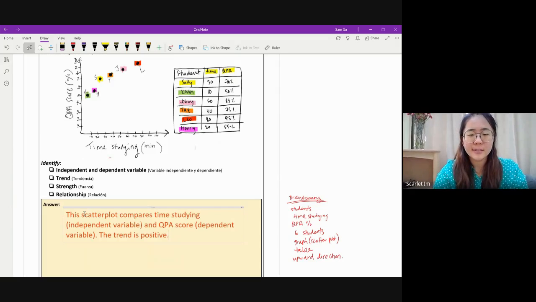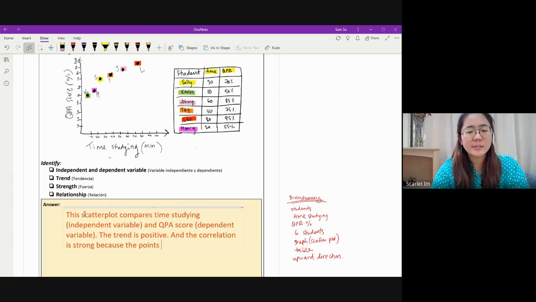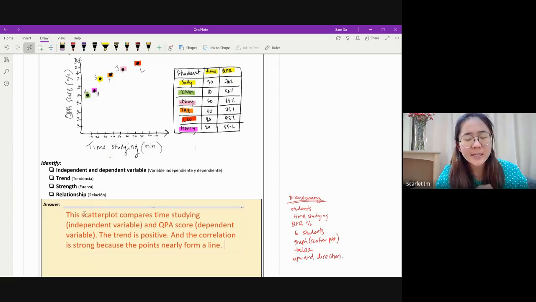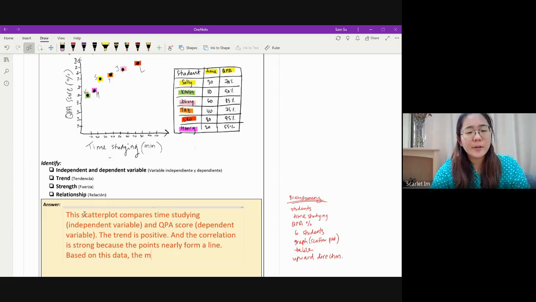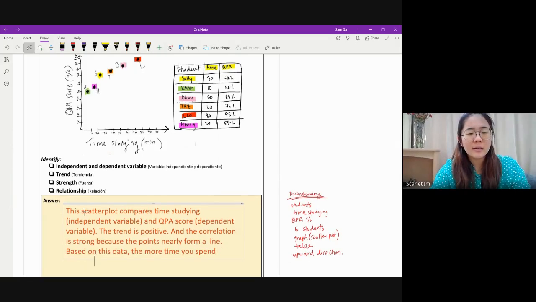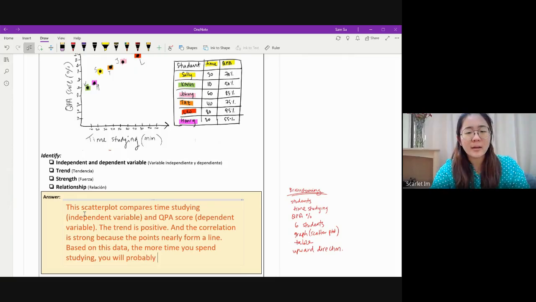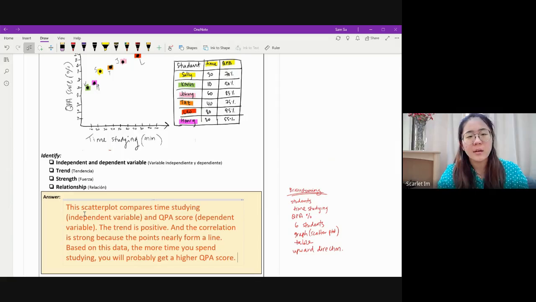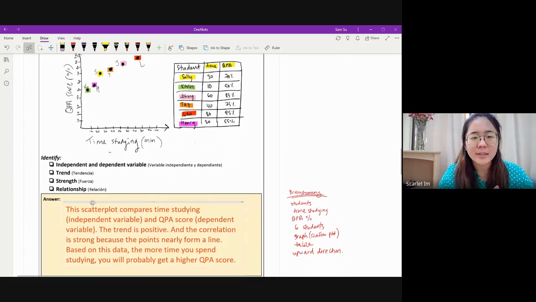And the correlation, I would say, based on this graph, is strong, because the points nearly form a line. And I would say, finishing up, what is the relationship? I would say basically, based on this graph, based on this data, the more time you spend studying, you will probably get a higher QPA score. That is the conclusion that I make. So that should be your answer for this description, okay?